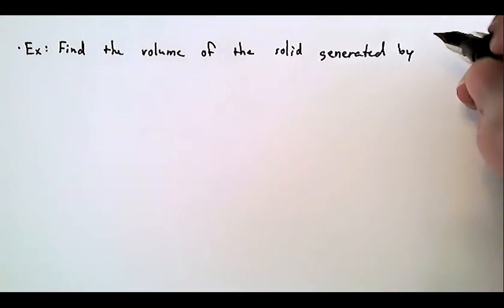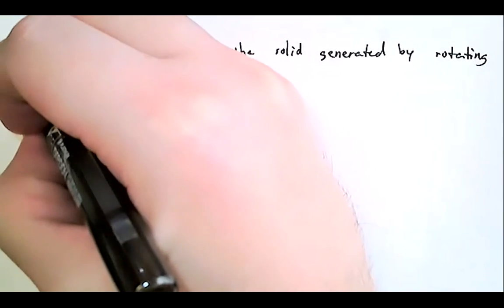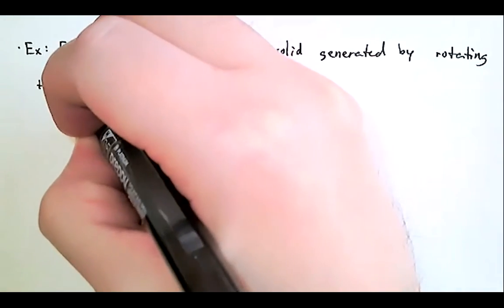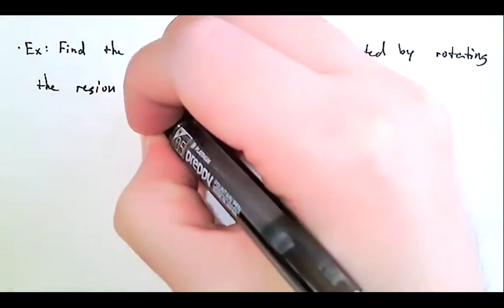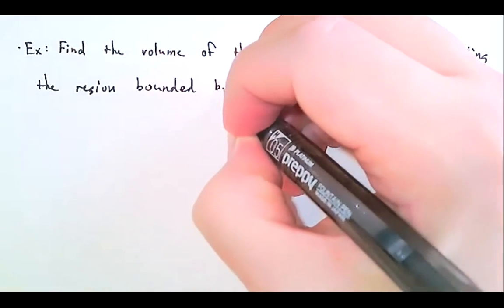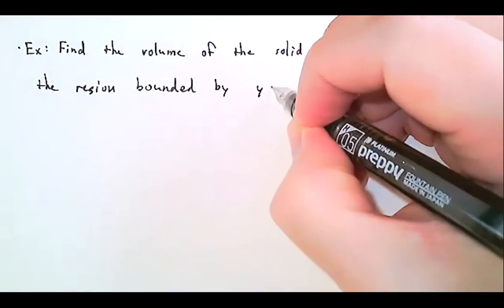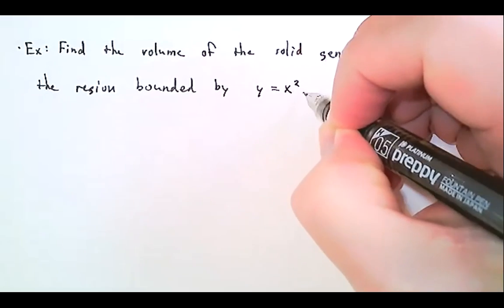And then we're going to rotate the region bounded by the curve from before, the simple parabola.